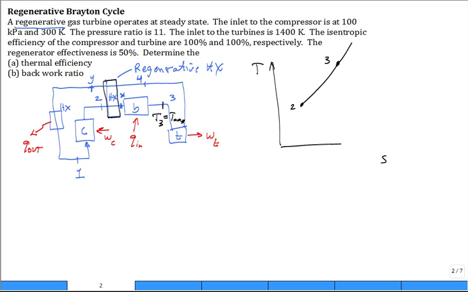Let me put 1 like that, expand down. So what we see is state 4 is very high temperature. So what we want to do is cool some of the exhaust gases off while heating some of the gas from state 2 up to state X, and this is cooled down to state Y.